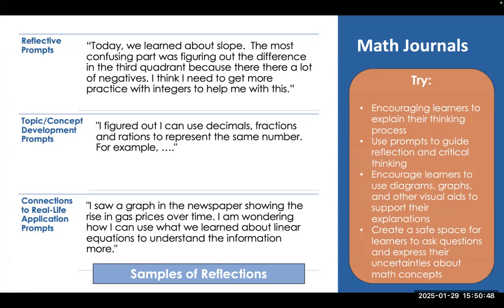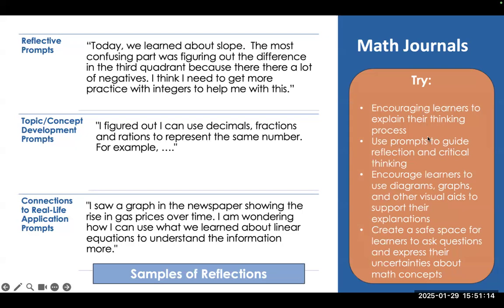They can also make connections across math ideas, see and use a variety of strategies, monitor and reflect on progress. And so the useful thing to do is to always provide students with prompts, and the prompts you provide are specific to the comprehension that you are targeting at that time.